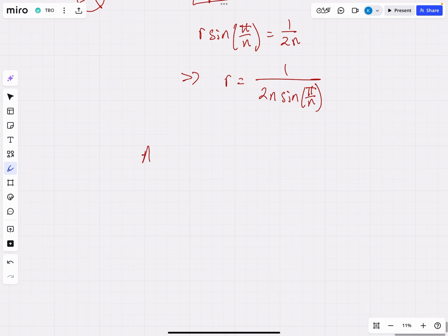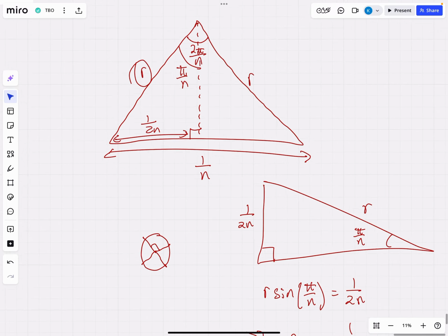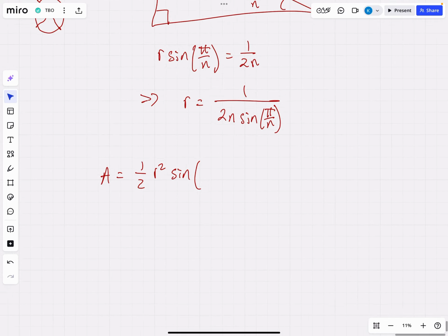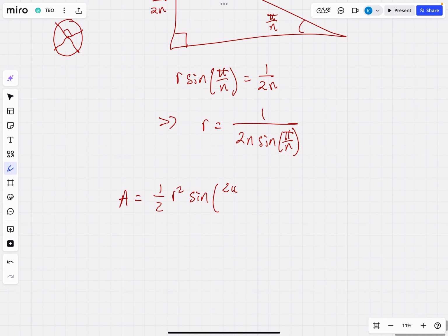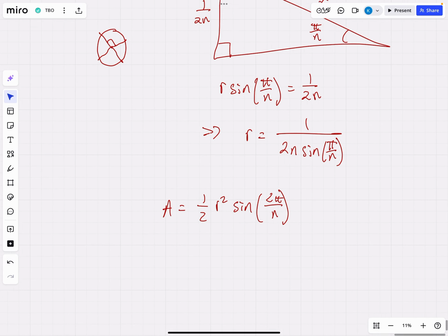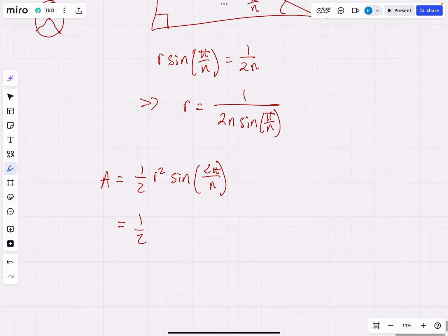I know that the area of one of these triangles is going to be a half r squared sine of this angle, the 2 pi over n, right? And so I can substitute r into here. So I'm going to have 1 over 2n sine pi over n, squared, times sine of 2 pi over n.